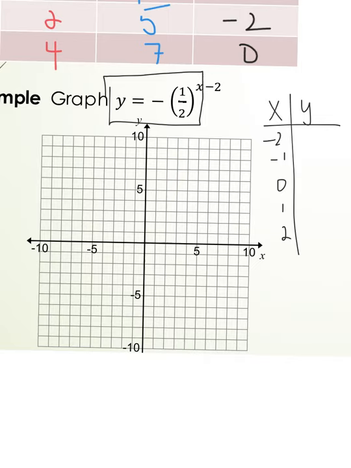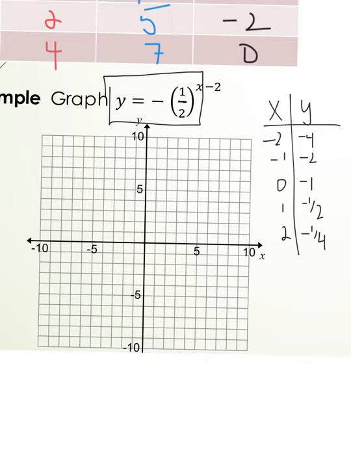So 1/2 to the -2 power is 4 times -1 is -4. 1/2 to the -1 power is 2 times -1, -2. 0 is going to be -1, 1 will be -1/2, and 2 would be -1/4.